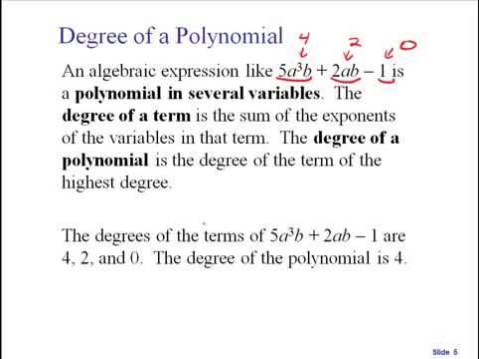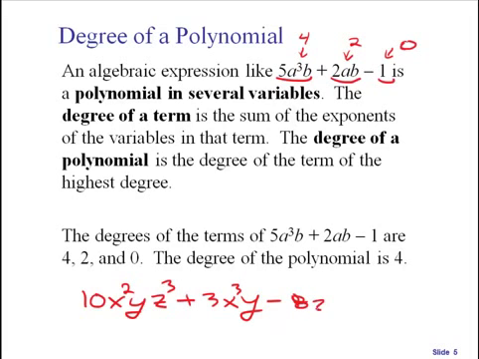So if I gave you something like this, 10x squared y z cubed plus 3x cubed y minus, let's make it an 8 since it looks horrible, 8z squared, what would be the degree of this polynomial?